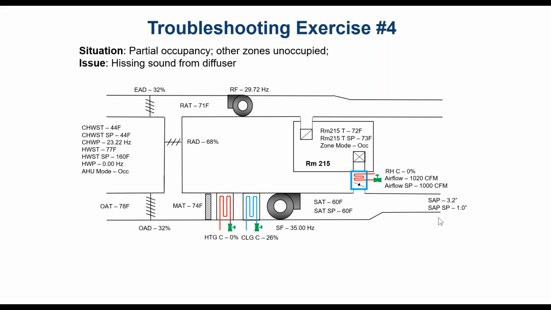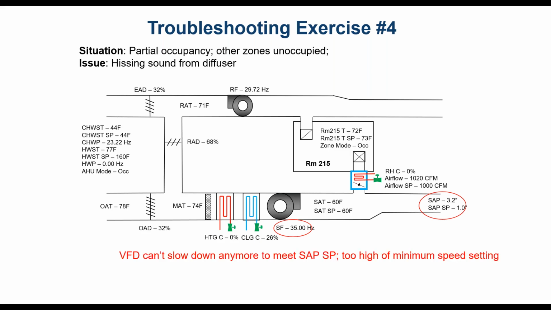And we know from the sequence of operations that the fan will modulate to maintain static pressure at set point, but will not be allowed to operate below 15 hertz frequency. Well, hey, we're sitting at 35 hertz frequency. Something's wrong there. So the control response is not as expected.